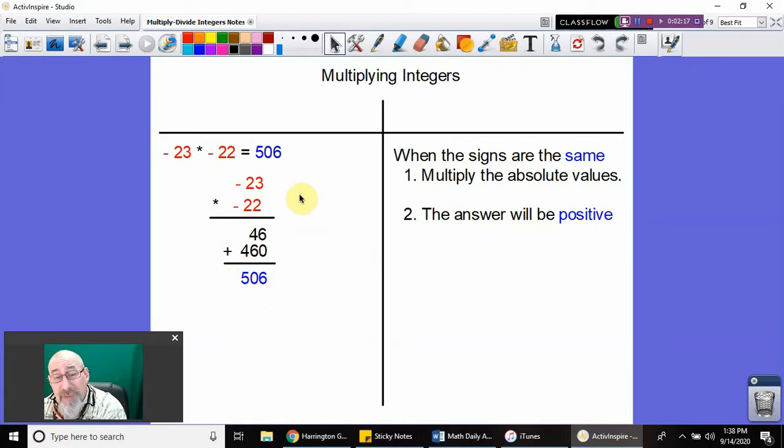So our rule, if the signs are the same, we have a negative and a negative being multiplied together, our answer is always going to be a positive value. So it's not too hard of a rule when multiplying. Signs are the same, positive. Signs are different, negative.